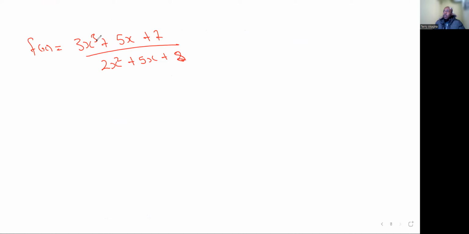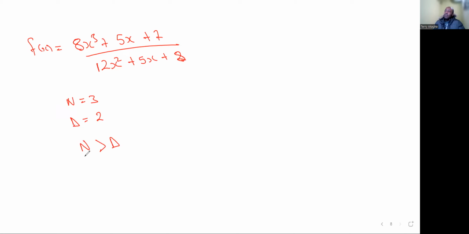Now, in this case, you can see the degree of the numerator here is 3. Let me make this 8 so that somebody will not get confused, and let me make this 12, just making random numbers here. The degree of the numerator is 3 and the degree of the denominator is 2, and n is greater than d.